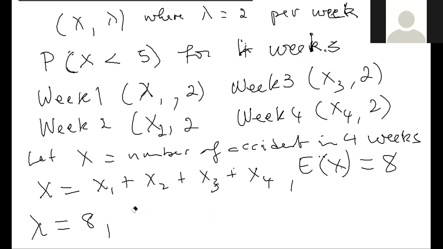In general, we are not going to complete it, you will complete it yourself. P of x equals k will be 8 raised to power k over k factorial, times e to the minus 8. That's the Poisson distribution. You want to find P of 0, P of 1, P of 2, P of 3, and P of 4.